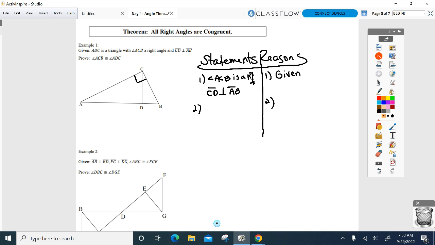We should have a few right angle symbols up here. Everyone's got a right angle at ACB because that was given. Make sure we got a right angle at ACB.